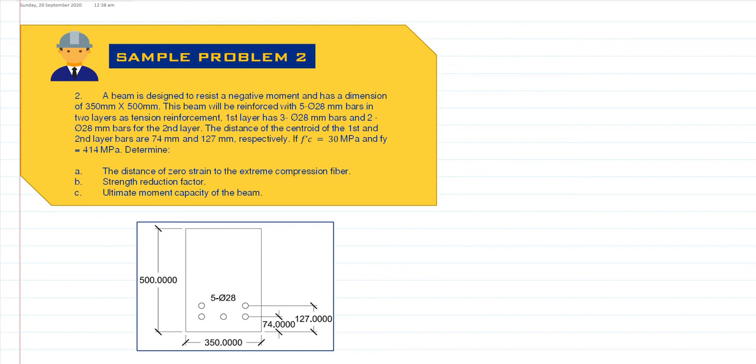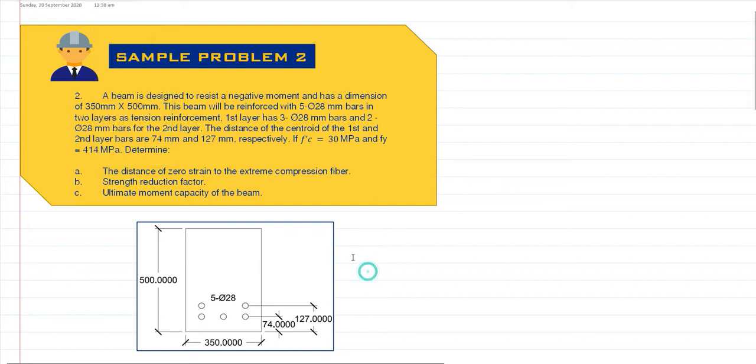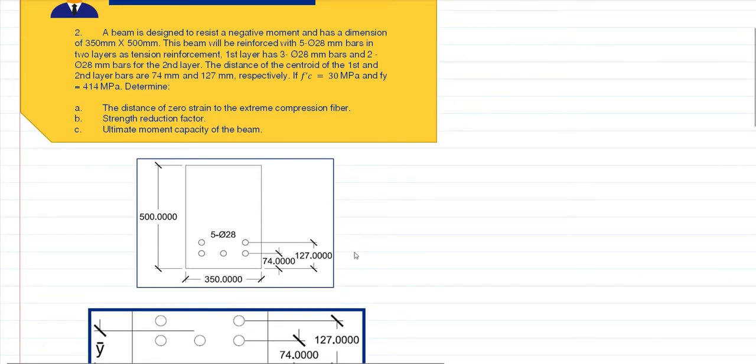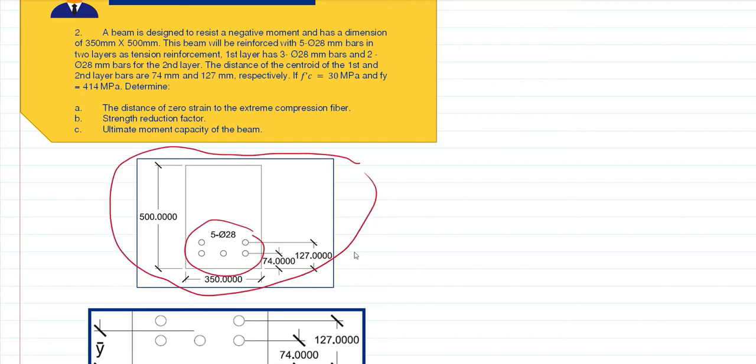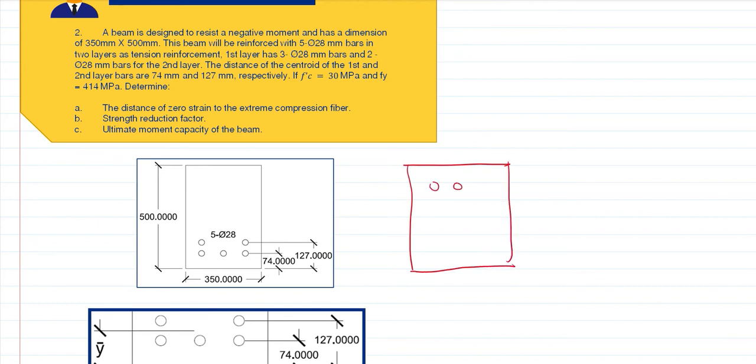So, we will start by drawing the beam. Eto medyo meron siyang mali kasi yung reinforcement natin is nilagay natin sa baba. Pero in-state kasi dito na it is going to resist a negative moment, so dapat ang reinforcement niyan is nasa taas. So, nandito yung first layer, ito yung second layer reinforcement.